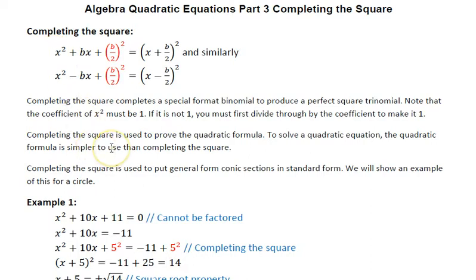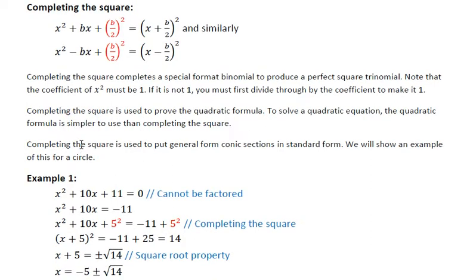Completing the square is used to prove the quadratic formula. To solve a quadratic equation, the quadratic formula is simpler to use than completing the square. However, completing the square is a useful technique not only to prove the quadratic formula, but also to put general form conic sections in standard form.